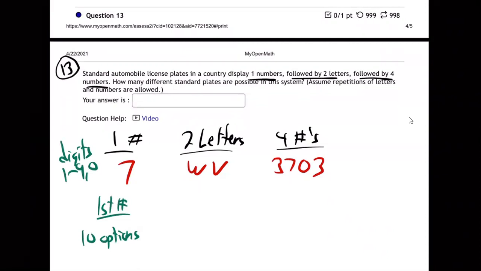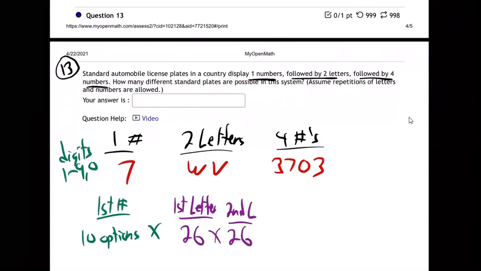And then I came to my next decision. I had to pick my first letter and my second letter. How many letters in the alphabet? 26. 26 times 26, just multiply these together. There are 26 options times 26 options.